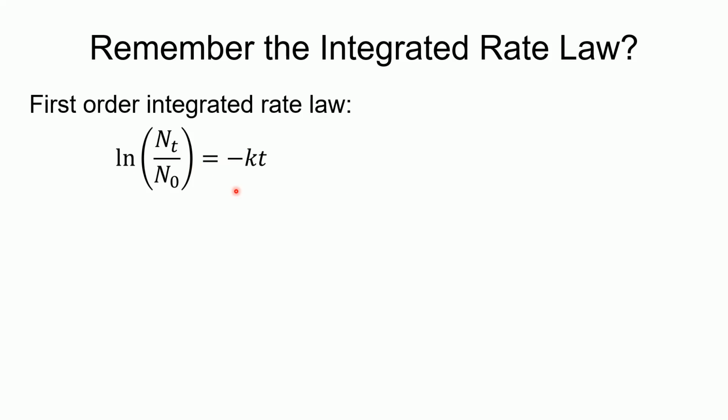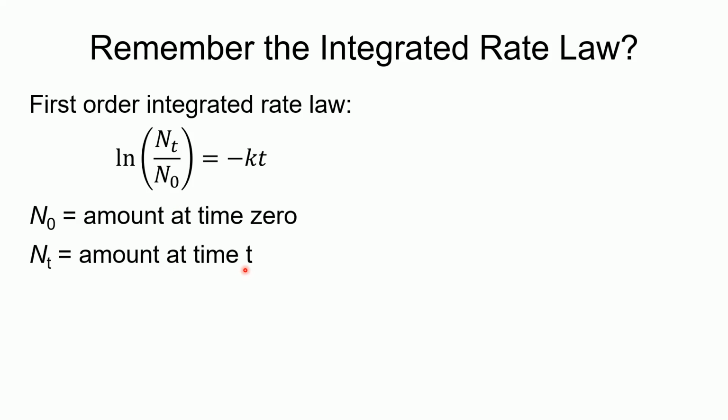And it looked a little bit different when we did it back in chapter 14 because these numbers were concentrations, but here they're just amounts. So the amount at time 0, we'll put N sub 0, that's the amount at time 0. N sub t, that's the amount at time t. k is our rate constant, and t is the amount of time.